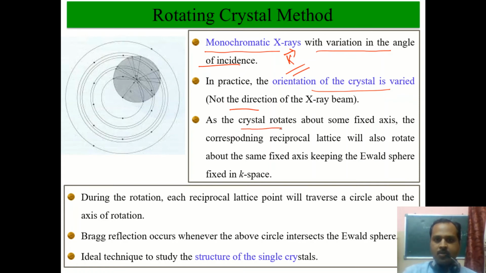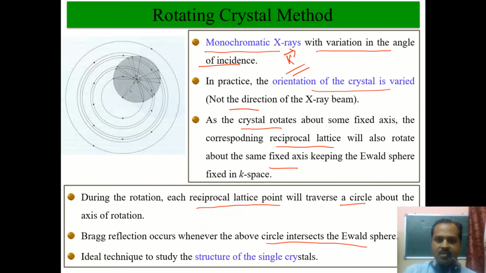As the crystal rotates about some fixed axis, the reciprocal lattice will also rotate about the same fixed axis, and in this case the Ewald sphere is going to be fixed in k space. While we are rotating the crystal about a fixed axis, during each rotation the reciprocal lattice point will traverse a particular circle, and whenever this circle intersects the Ewald sphere, we will observe the Bragg reflection.